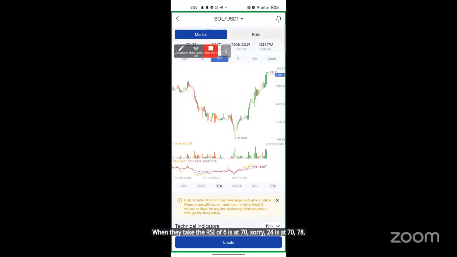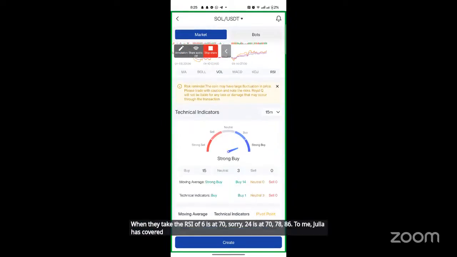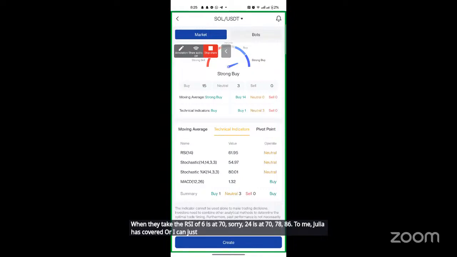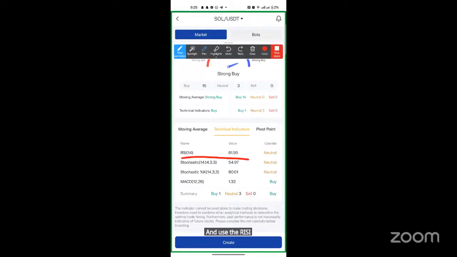Or I can just come here on technical and use the RSI of 14. I can see that this RSI of 14 here, for me, I still have some opportunity.